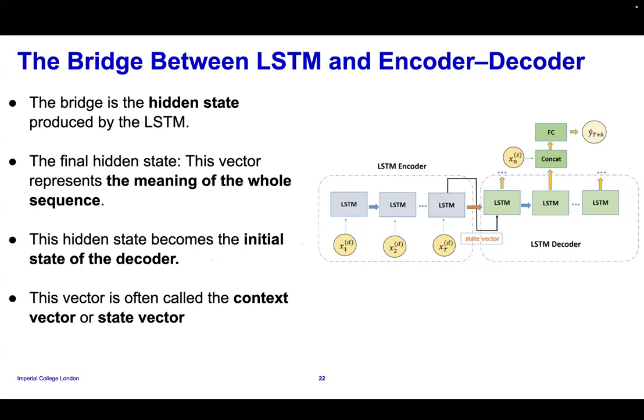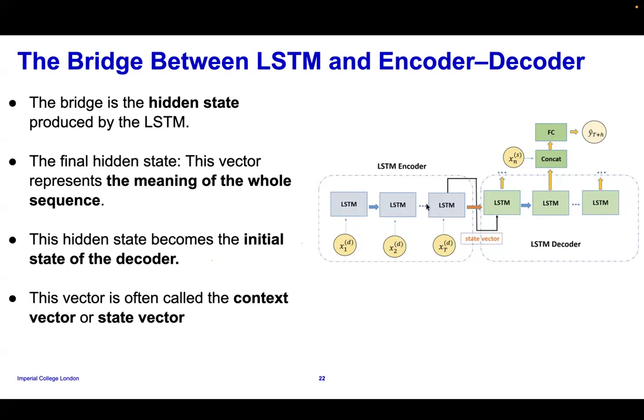Let me say something that I didn't explain. If you look at this, we have an LSTM encoder and an LSTM decoder. You can see X1, X2, XT, meaning a sentence, a sequence of words: the first word, the second word, the third word, up to the last.